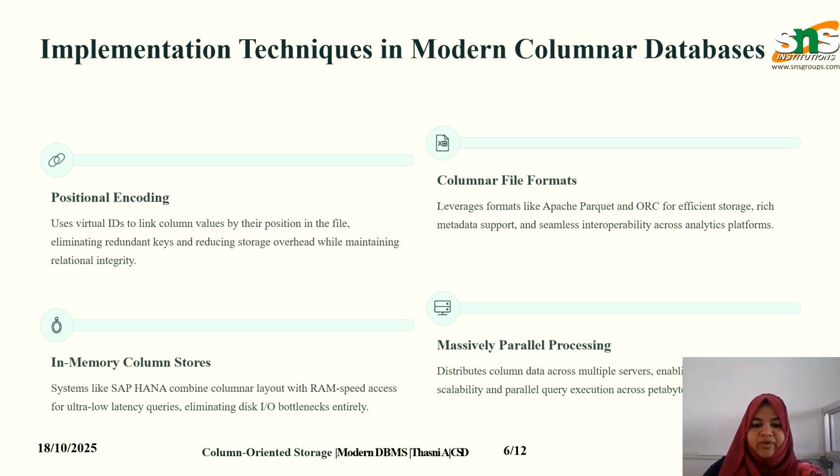Columnar file formats leverage formats like Apache Parquet and ORC for efficient storage. In-memory column stores, like SAP HANA, combine a columnar layout with RAM speed access for ultra low latency queries. Whereas massively parallel processing distributes column data across multiple servers, enabling scalability and parallel query execution.